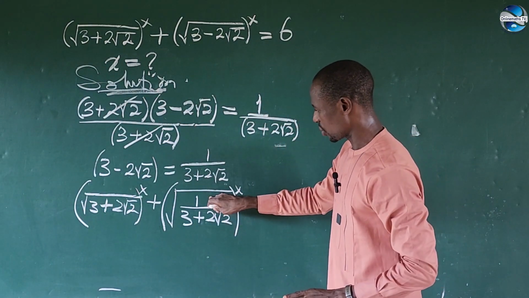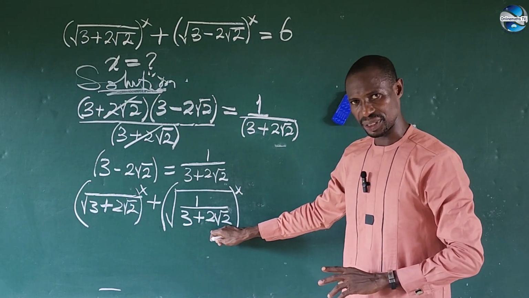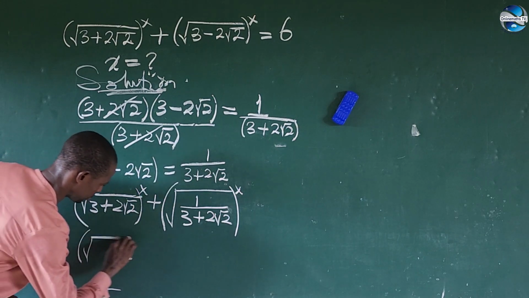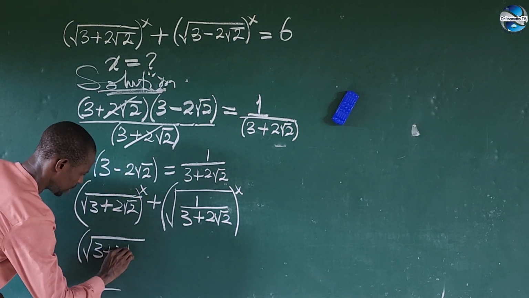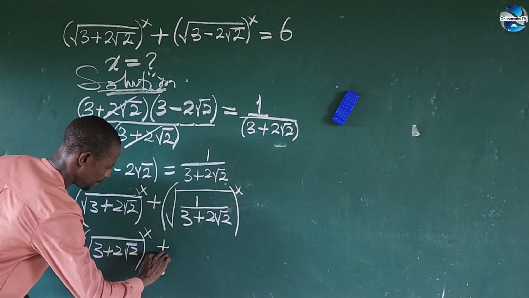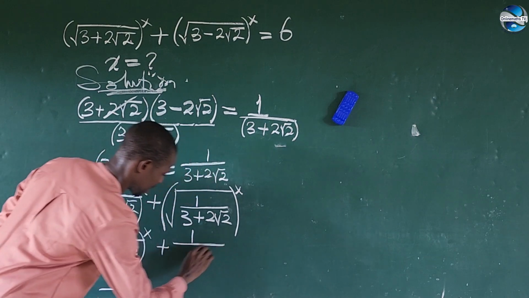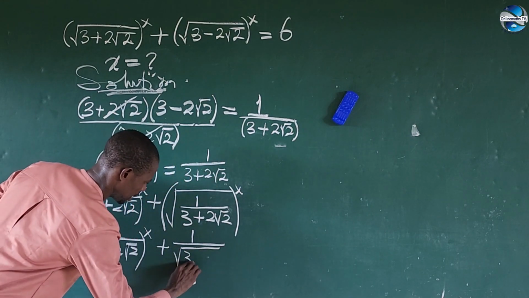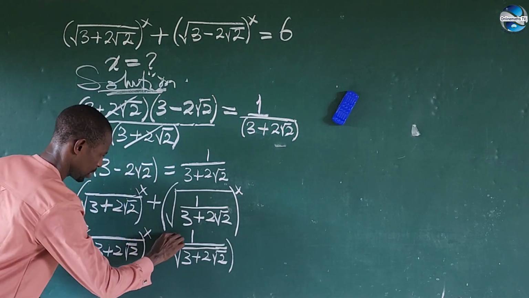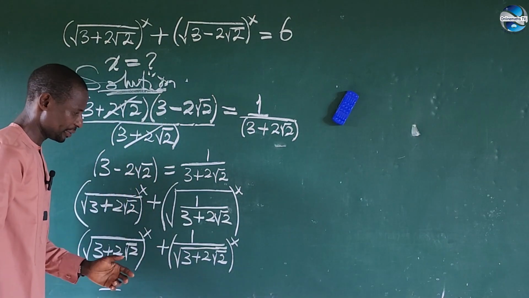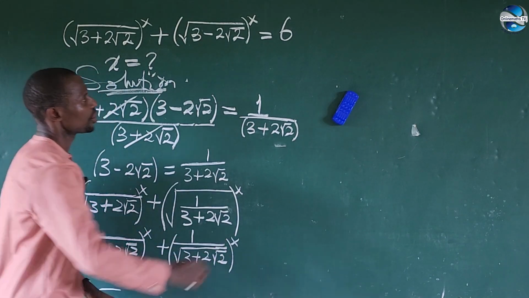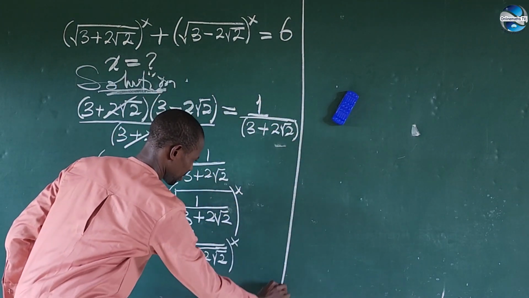Now let's look at this very well. We can take the square root of this separately, and take the square root of this separately. So we can rewrite this again as the bracket open, the square root of 3 plus 2 root 2, close bracket, all to the power of x, plus 1 all over the square root of 3 plus 2 root 2, close bracket, to the power of x. Again, we can use this to open up this, and this x will be raised to this power here. So let's go ahead and rewrite this expression again.